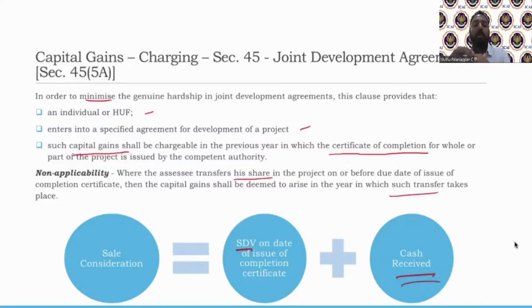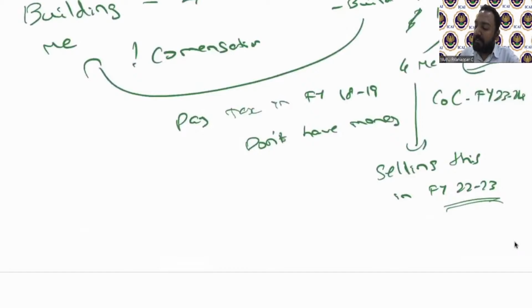So the stamp duty value on the date of completion plus cash received is what will be treated as your sale consideration. So if we said this guy will give me 4 flats, so what is my compensation?